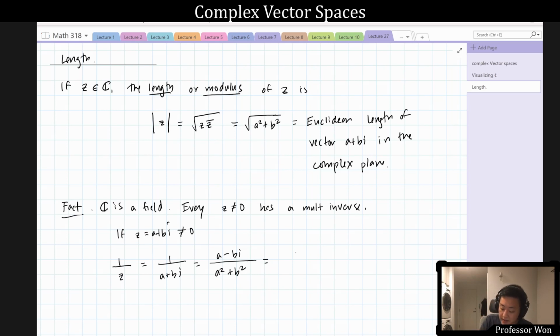So another way to say this is it's z bar over z times z bar, which is z bar over the length of z squared in C. Okay, so taking the conjugate is somehow quite close to taking the inverse. It's almost the inverse, except you need to divide through by the length squared.